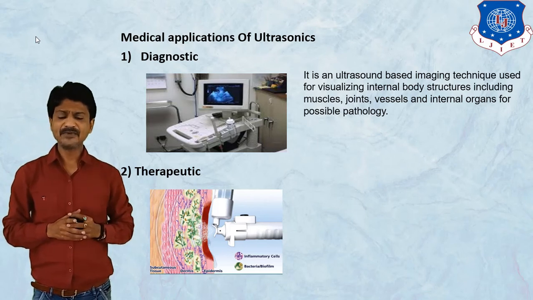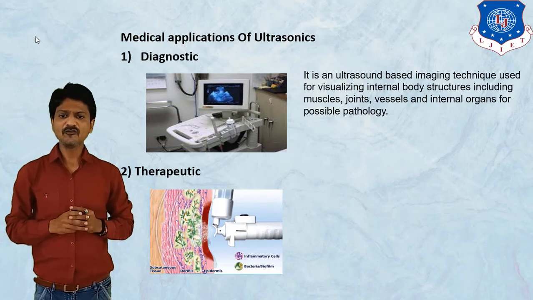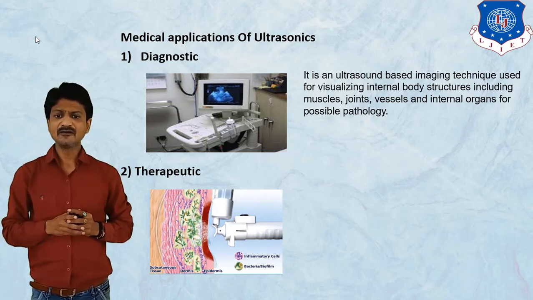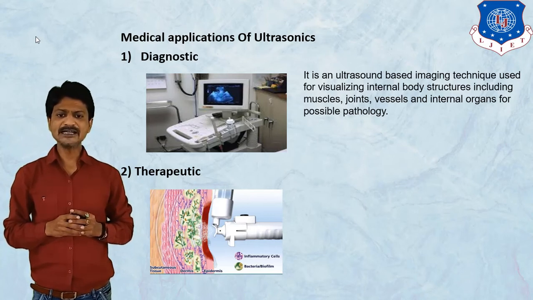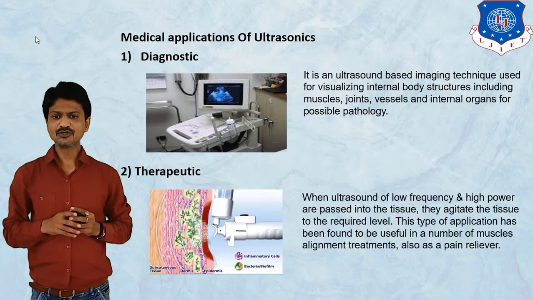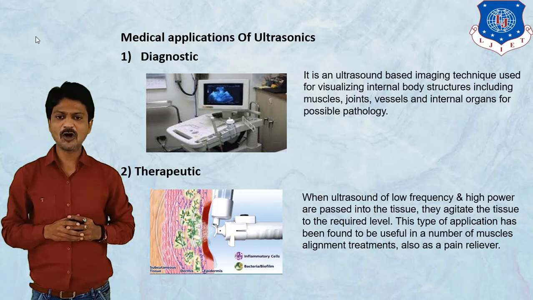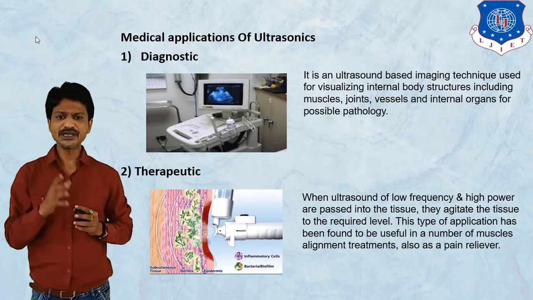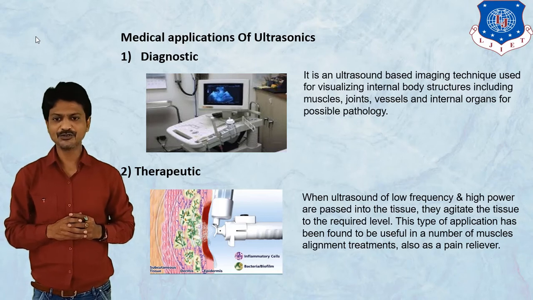Now the second application is therapeutic applications. When ultrasonic waves of low frequency and high power pass into the tissue, they agitate the tissue to the required level. This level of agitation of tissue will be almost equal to the level of thermal heating occurring in the tissue.